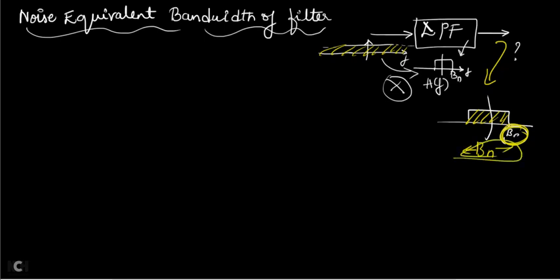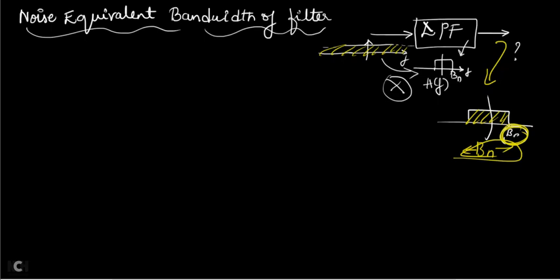So only for the frequencies within the bandwidth the noise is present. That is called noise equivalent bandwidth. So the noise equivalent bandwidth of the filter is defined as the bandwidth of the filter only for which the noise is present. Okay, that is called noise equivalent bandwidth of the filter.